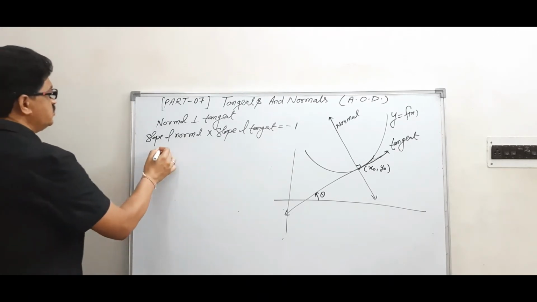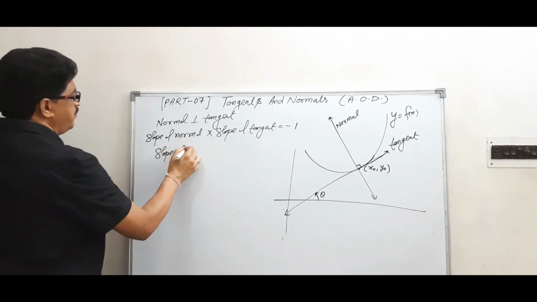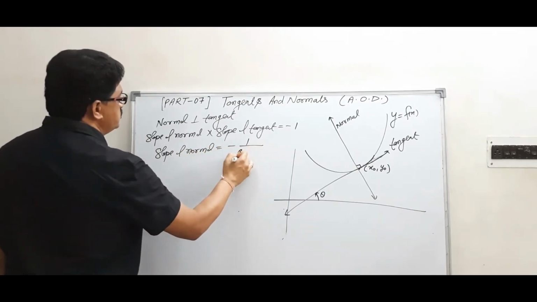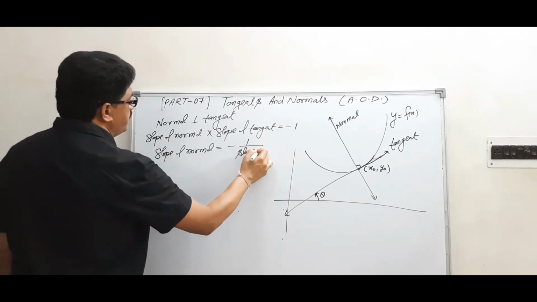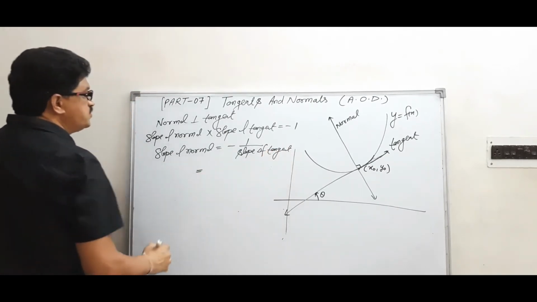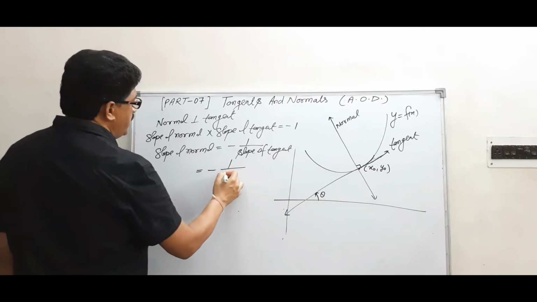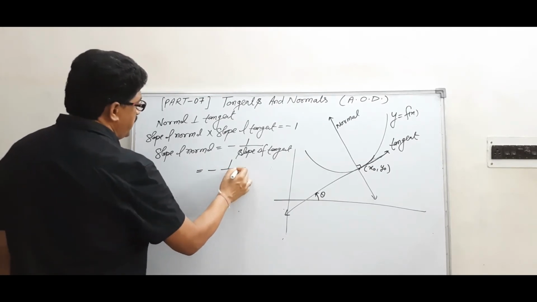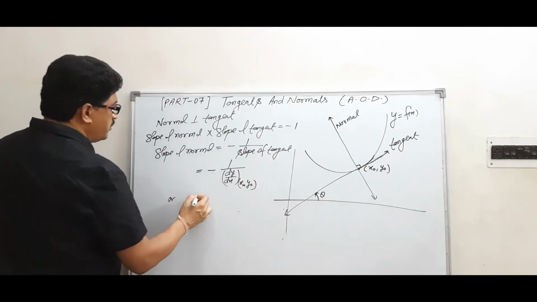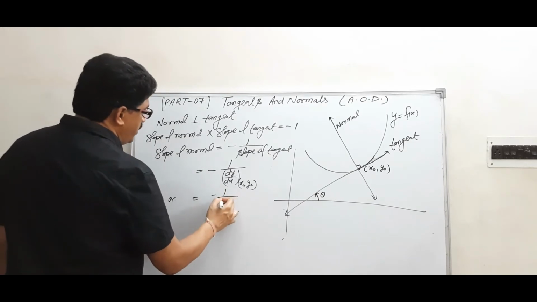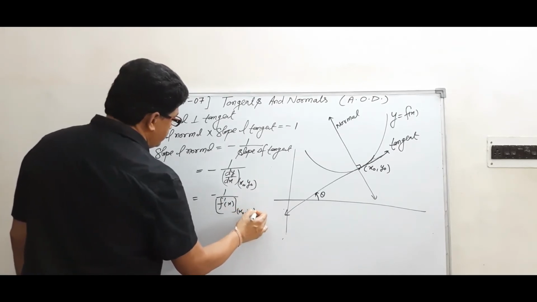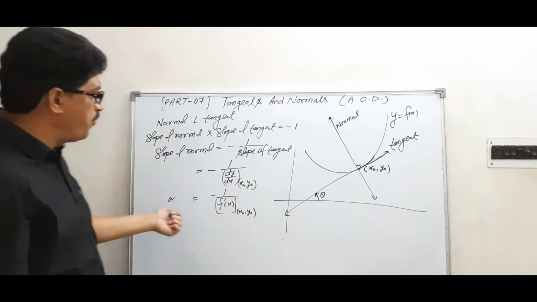Or we can say slope of normal is equals to minus 1 upon slope of tangent, is equals to minus 1 upon dy by dx at the point x0, y0, or minus 1 upon f dash x0 and y0. So this is the slope of normal.